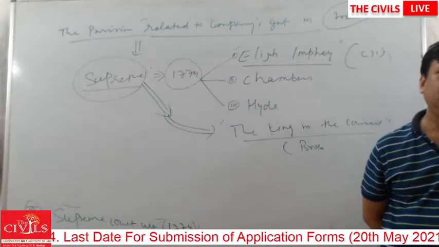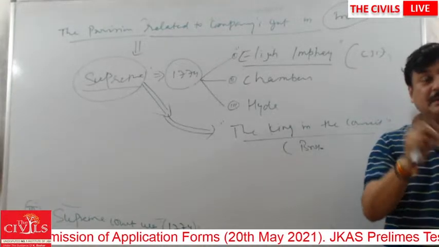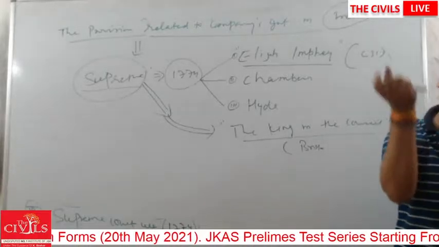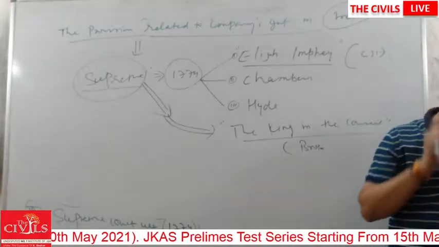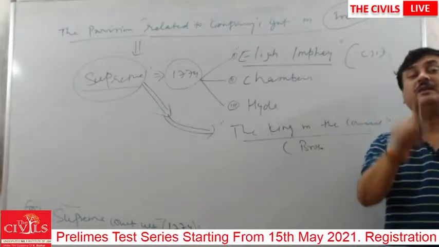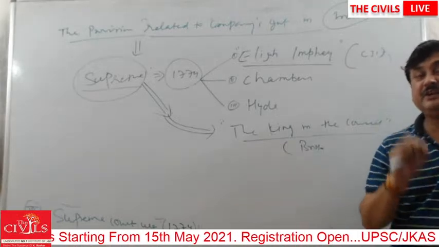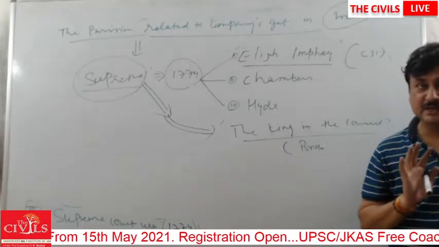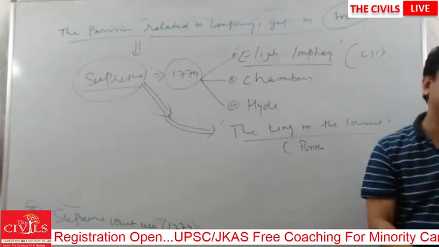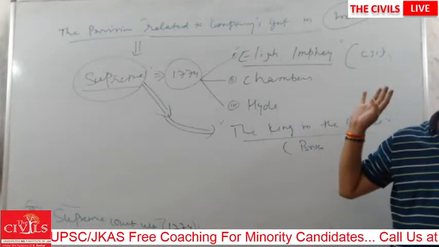This was made to regulate the administration of Bengal Presidency only, not India. The new executive, known as Governor General in Council, was a 5-member council: the Governor General and 4 other members.